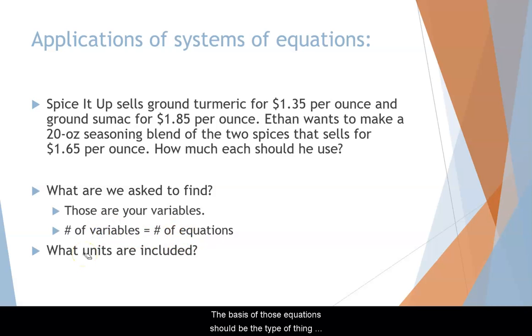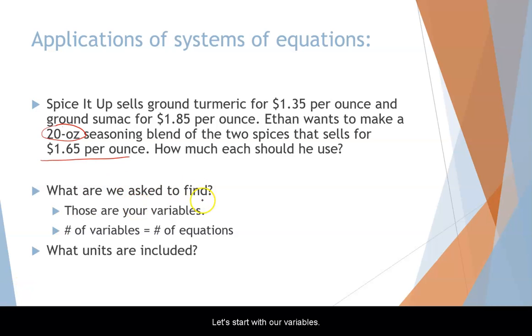The basis of those equations should be the type of thing that we're talking about. So we're looking at two things here. We're looking at a total number of ounces or some combination of ounces, and then we're also looking at price per ounce, so a dollar amount. We're looking at ounces and dollar amount.